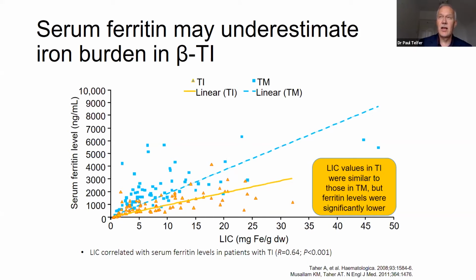So the parameters in terms of serum ferritin, if you don't have a liver iron concentration, for deciding on when to start chelation and how much chelation to give, would be slightly different with non-transfusion dependent thalassemia. And I know that there's a question on the blog about this, which I can maybe answer afterwards.